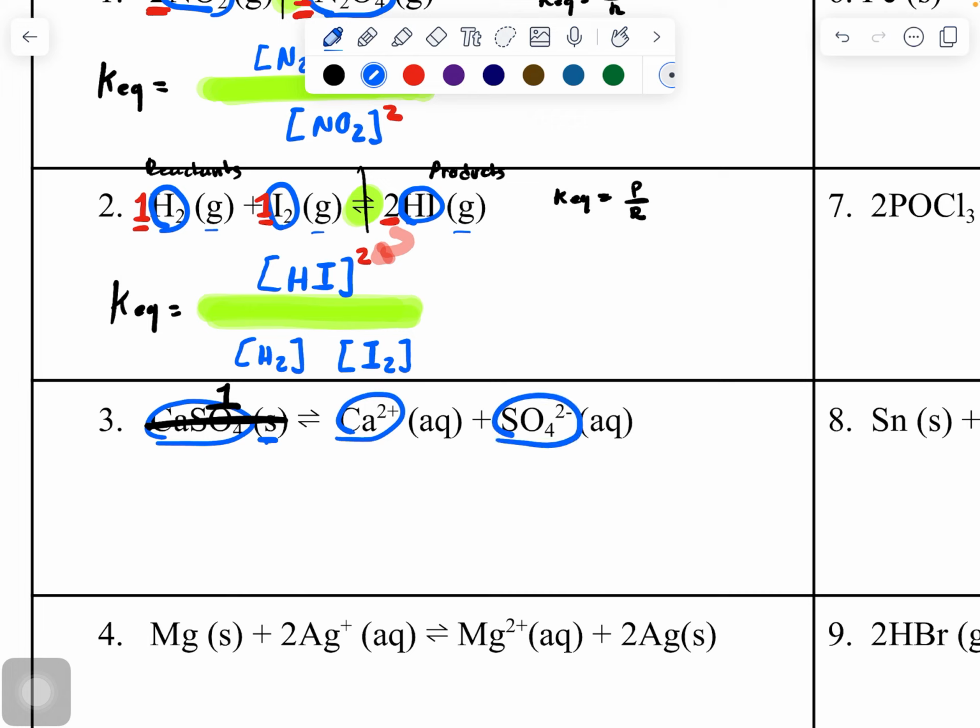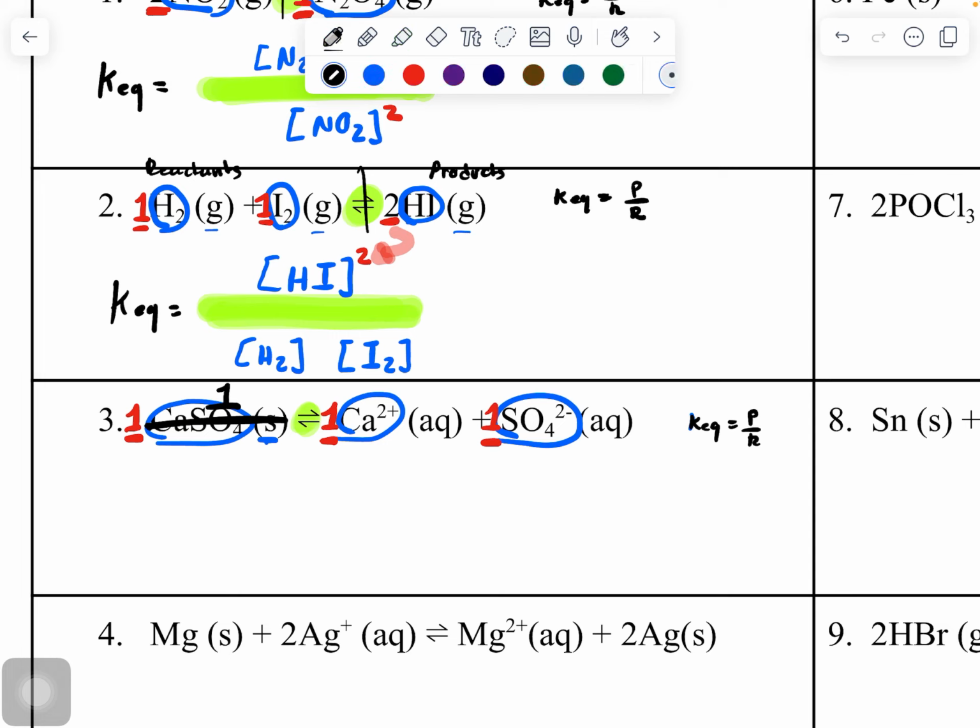And this is SO4 2 minus, and it is aqueous again. Remember that KEQ is equal to products divided by reactants. Now I'm going to underline my coefficients. Make sure that you put the 1s just so you don't get confused about the coefficients. Make your arrows a different color.